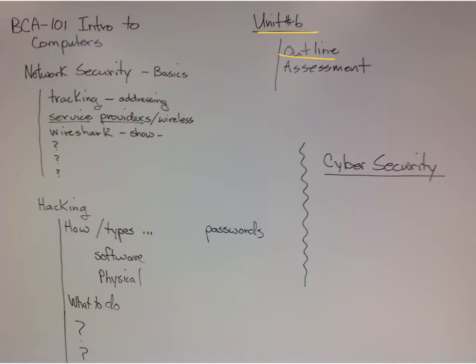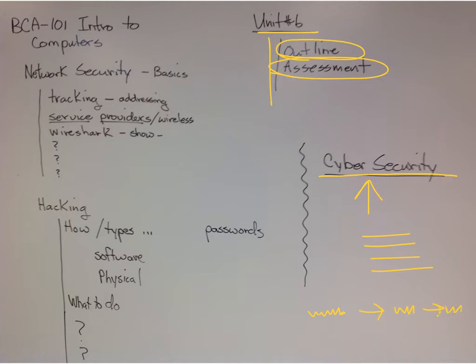Unit 6, need to finish the outline, take the assessment. Talk a little bit about cybersecurity. This will be an area that's going to be popular for years to come. You know, it's in the whole supply chain. This company makes products for this company that makes products for this company.